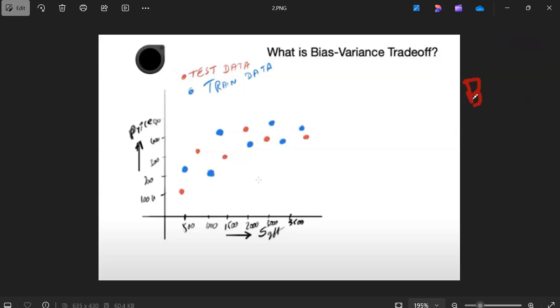So, bias refers to training. Variance refers to testing. We split the data into a training part and a testing part, isn't it? The two parts we have. So, do we build the model with training or testing? When we build the model on training, that means it covers all training points or not?